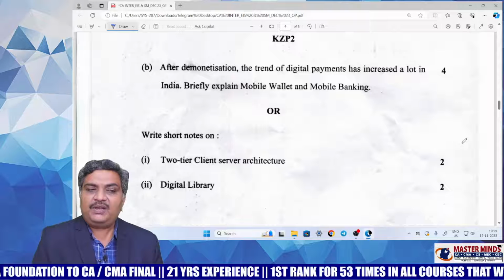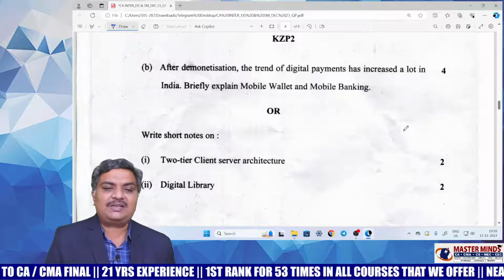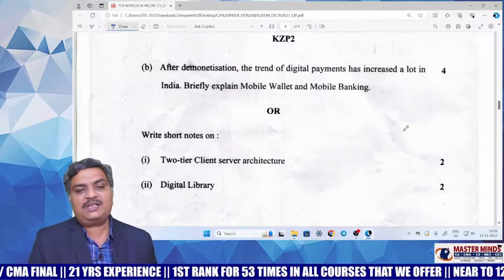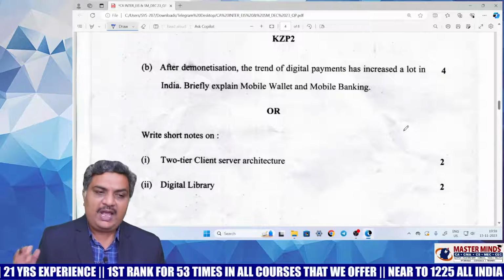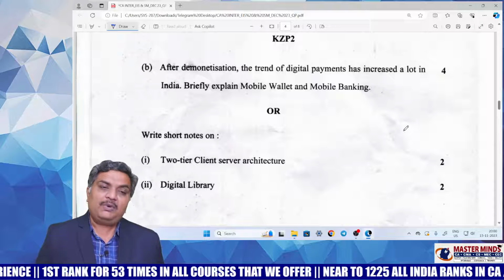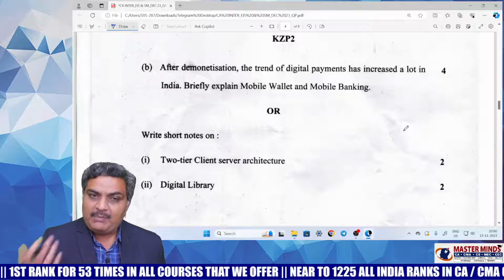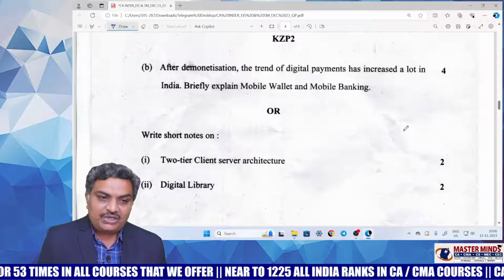So another thing, after demonetization, the trend of digital payments has increased a lot in India. Briefly explain mobile wallet and mobile banking. Very, very easy question, expected question, and this is from emerging technologies. We have a lesson called emerging technologies.